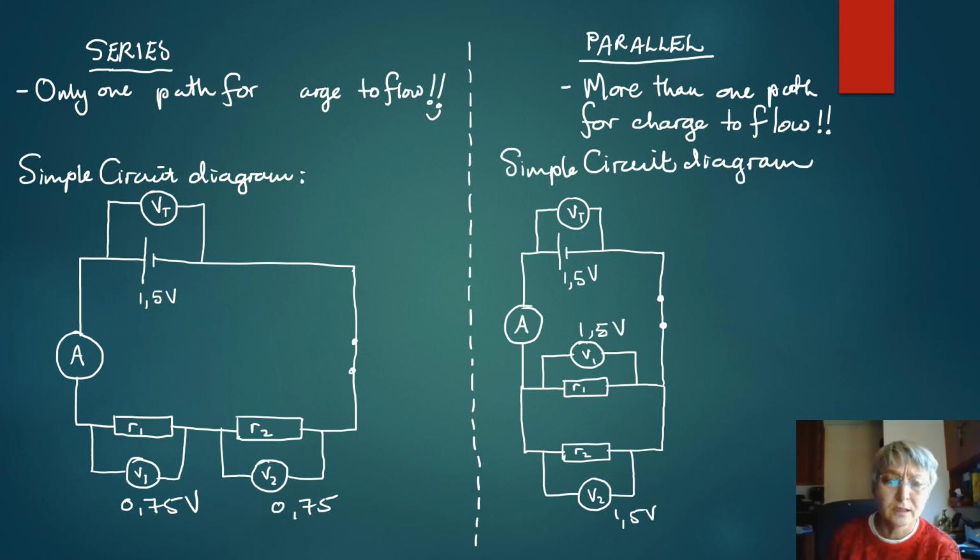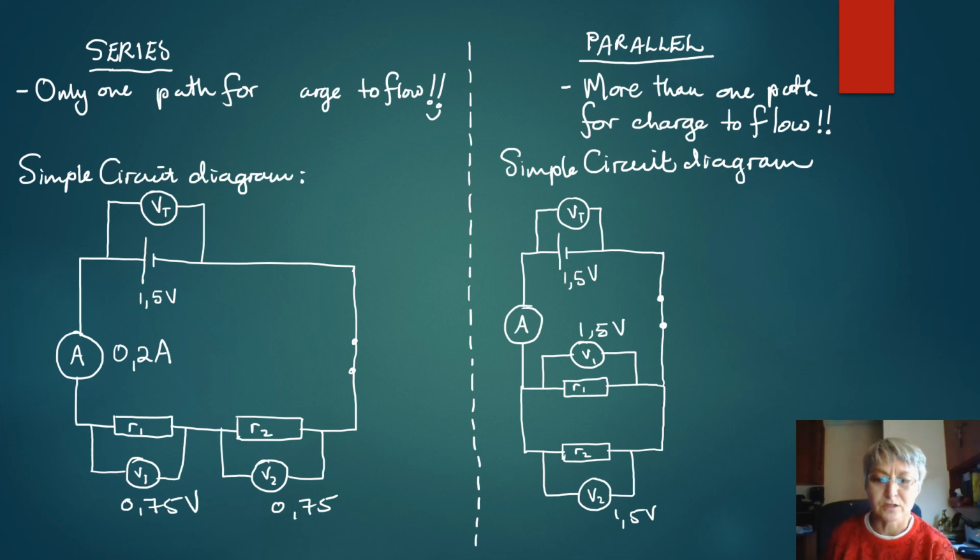I want to now determine the resistance in the circuit. So let us say we've got identical resistors and a current of 0.2 ampere flows through the circuit. Now that current flows through the first resistor as well as the second resistor.